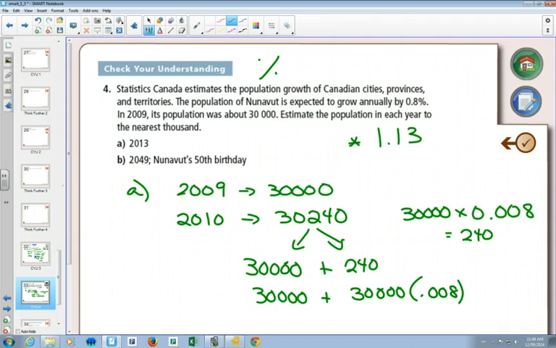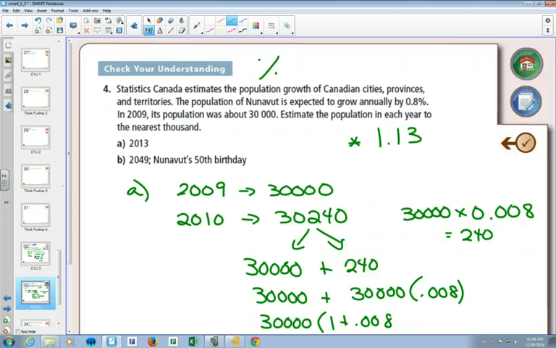Now, if we use our mathematical skills in factoring, you notice that there's a 30,000 in both of those. And if I factor out that 30,000, I'd be left with a 1 here, because 30,000 times 1 is 30,000. Plus, if I take the 30,000 out of that one, I'll have 0.008.